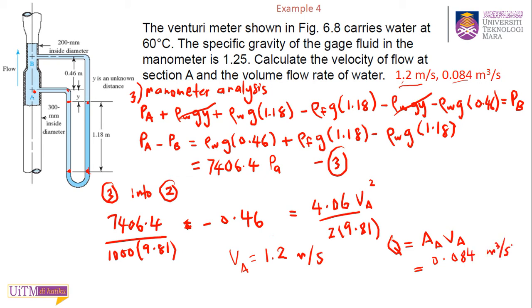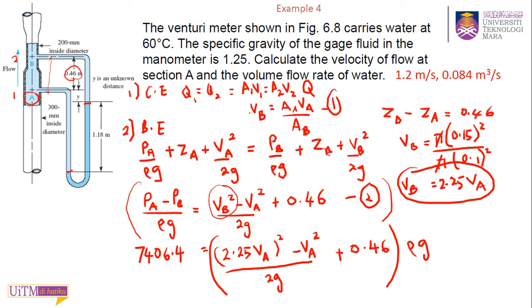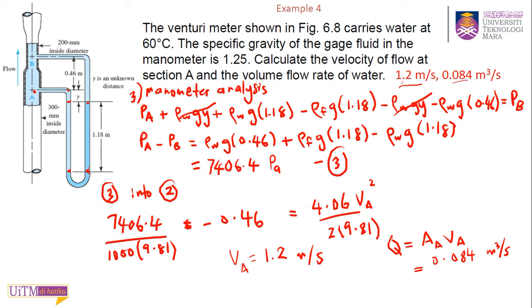Okay, susah ke senang? Senang tapi complicated. That's why you need to write one by one, step by step, your continuity equation, your Bernoulli equation, and your manometer analysis. Nampak complicated sebab dia panjang.